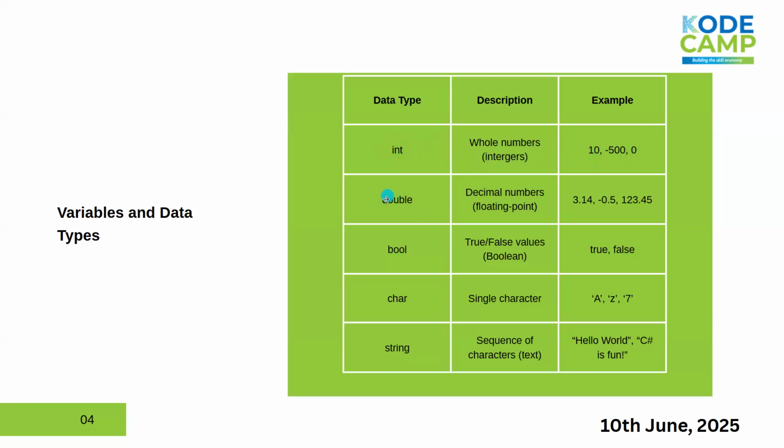Great. So the next one is double. Double holds values that are in decimal form, like 3.14, 0.5, 123.45, and so on. So when you are given a problem, maybe to write a program that adds two numbers, say 4 and 5, you already know that 4 is a whole number and 5 is also a whole number.